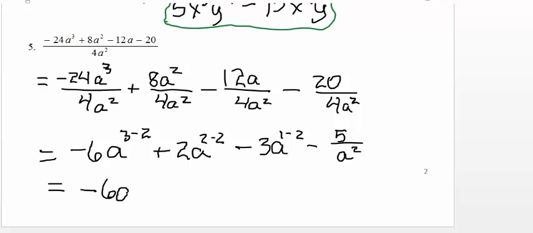So I have negative 6a, plus 2a to the 0, which will just be 2, minus 3a to the negative 1. Remember, a to the 0 is 1.